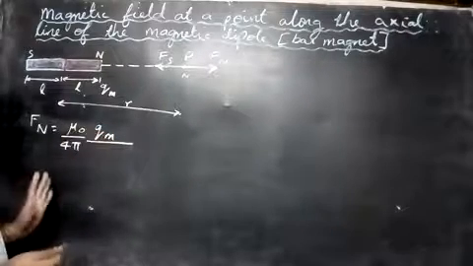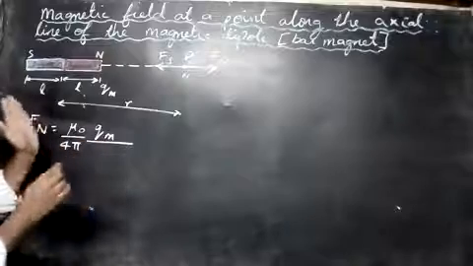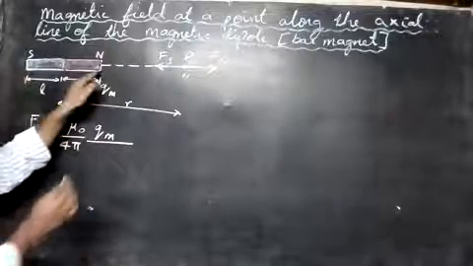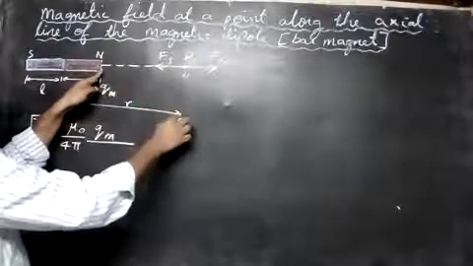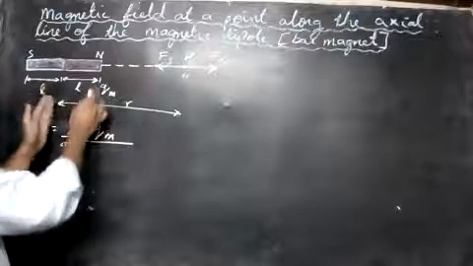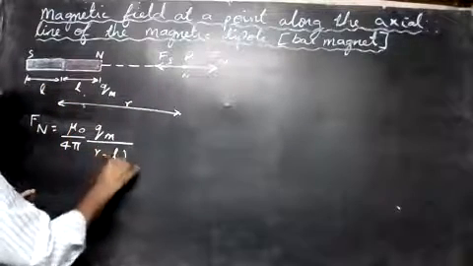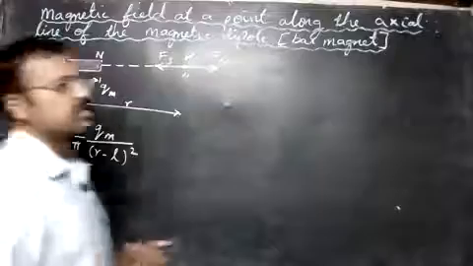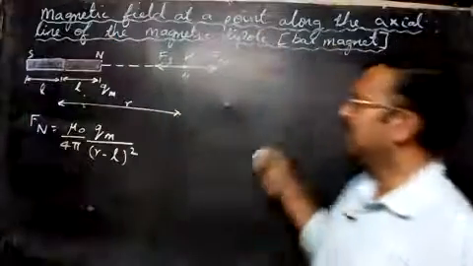Then let us see the distance between the north pole at this edge and this point P. You see that distance will be r minus L. You must subtract L here. So it is r minus L, the whole square. What formula have I used here? I have used Coulomb's law in magnetism.